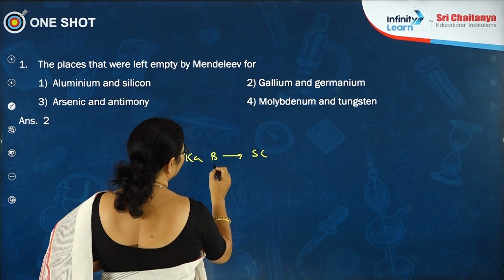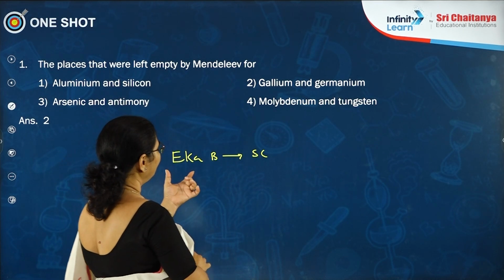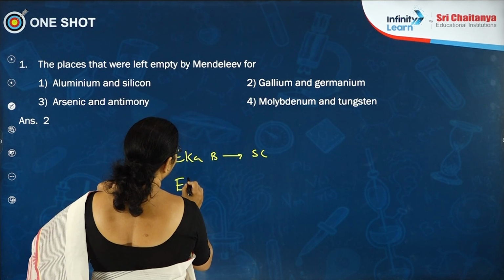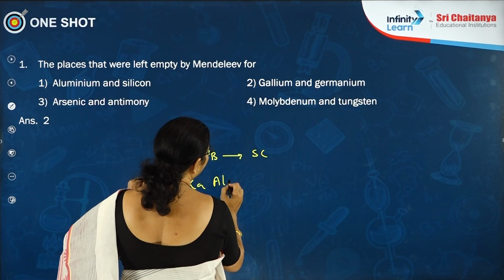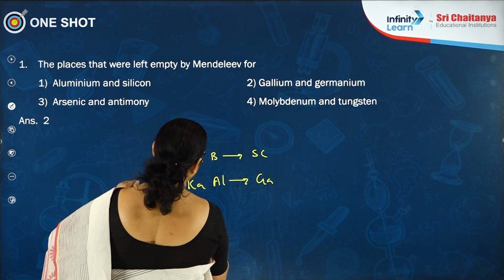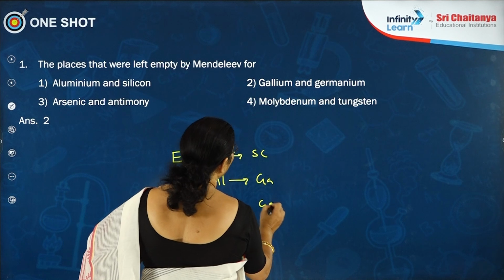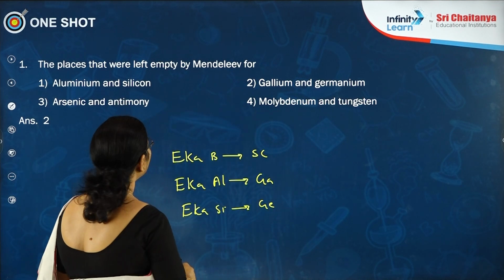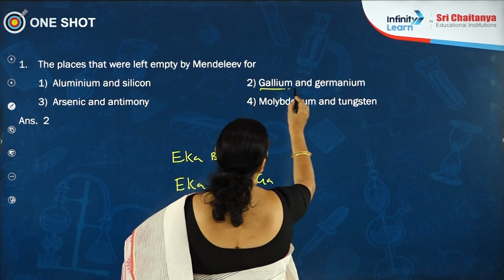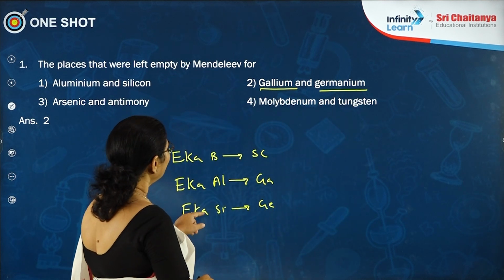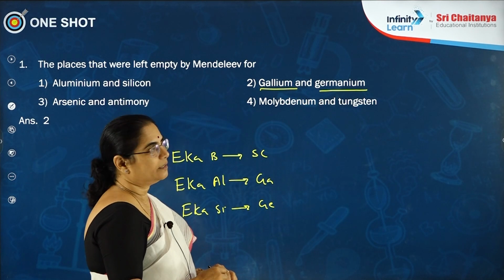Eka boron was the one element, he left that place for scandium. Eka aluminum is gallium. Eka silicon is nothing but germanium. So, in the given options, gallium is Eka aluminum, and germanium is Eka silicon. So, these two places were left.